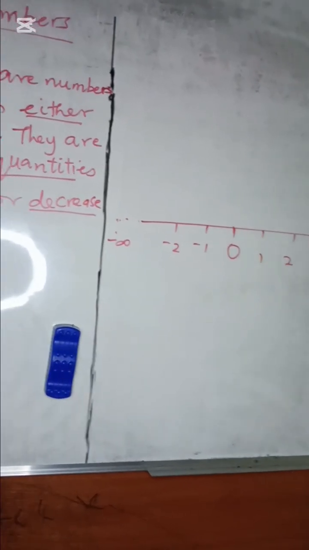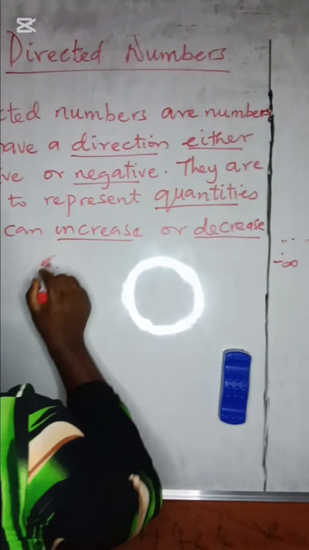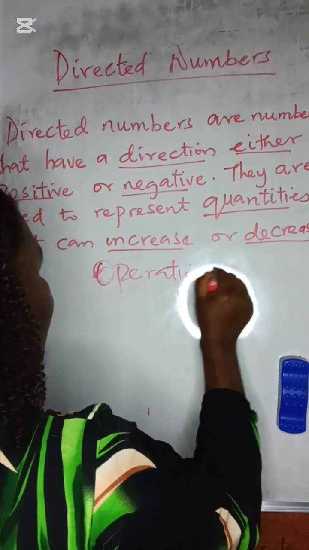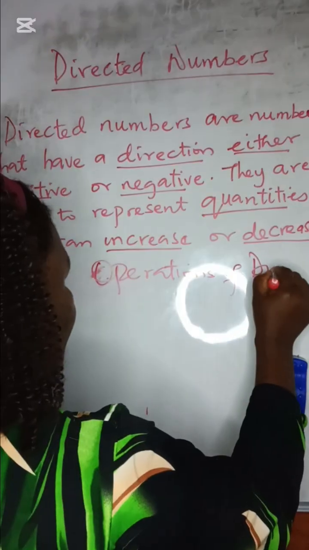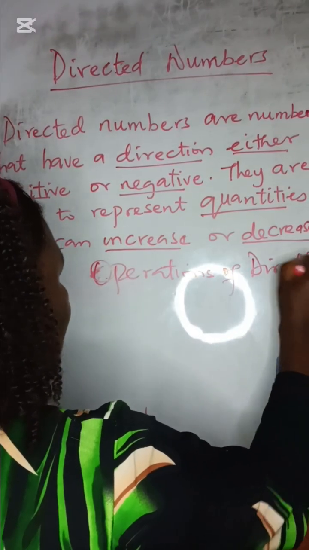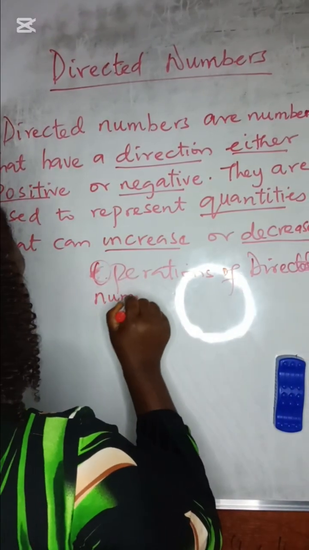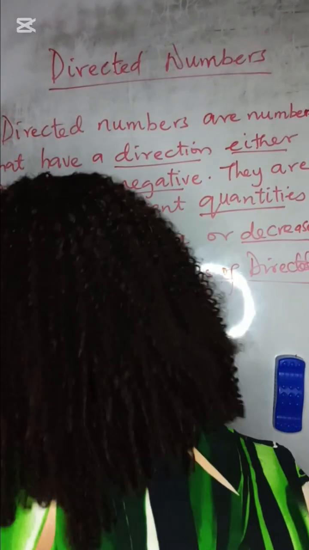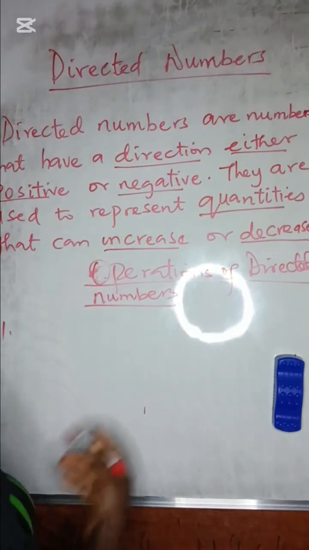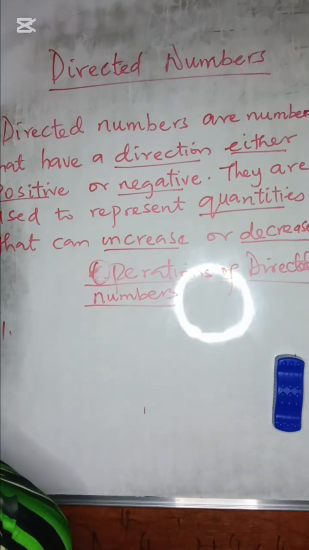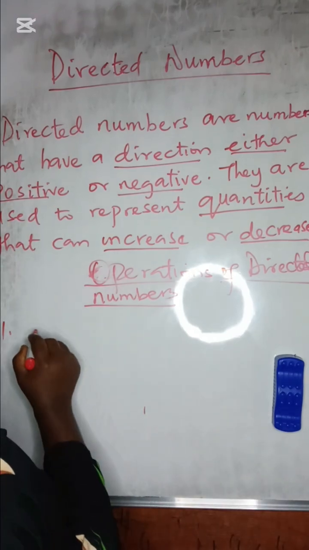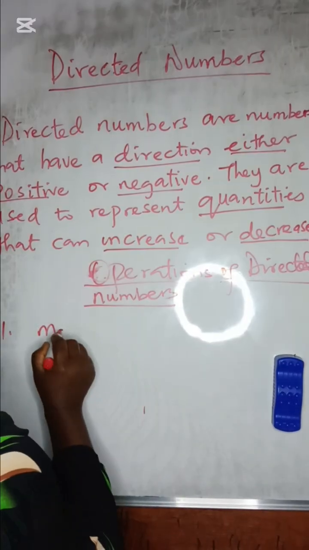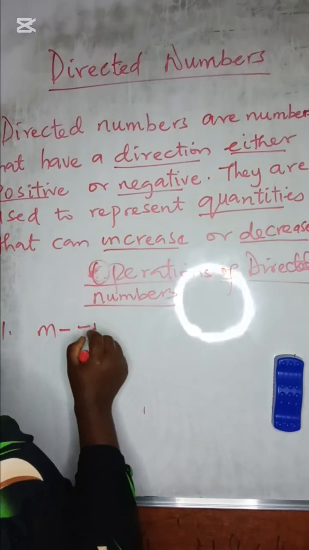So let's see the addition part. Operations on directed numbers. The first rule says that when we have the same sign, we add. What does that mean? We have m as a number, then we have plus n.